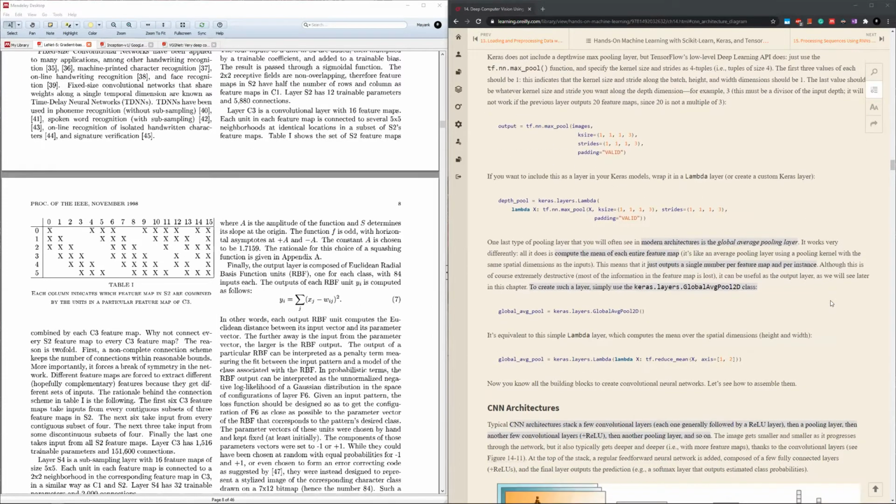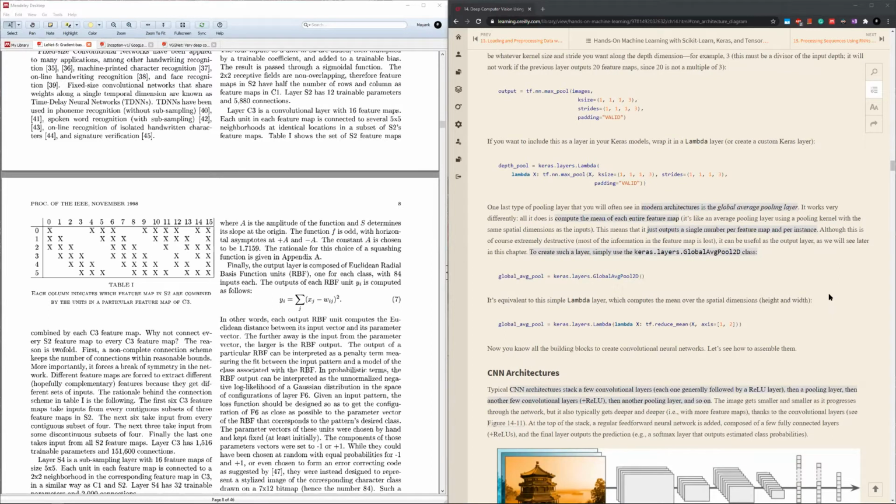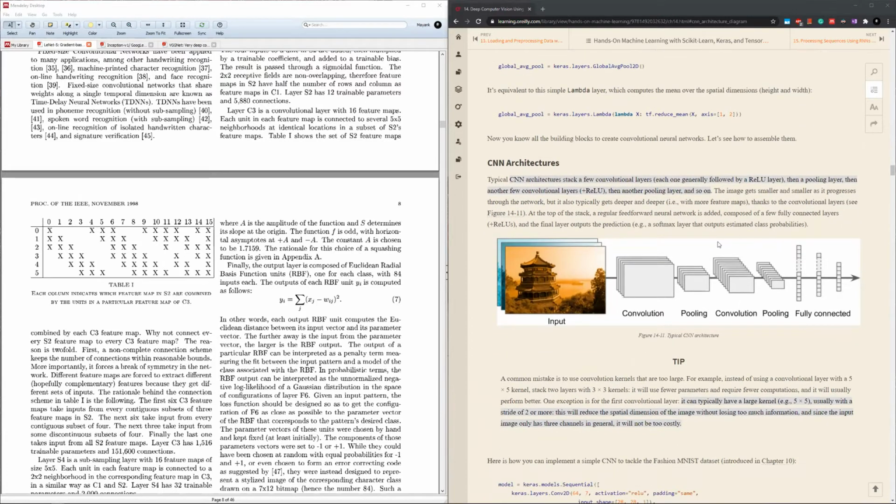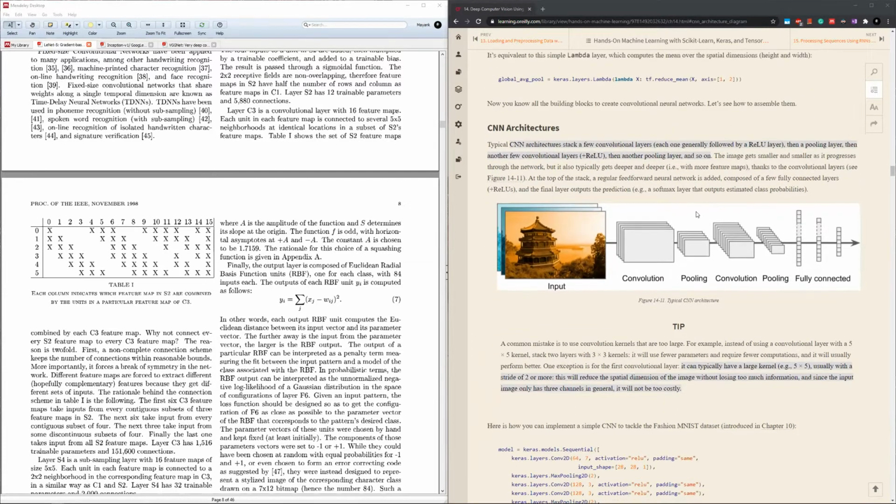We looked at the strides, the paddings, the features, the channels, the feature maps and the channels with respect to the layers and how they are connected. Now we will look at the CNN architectures.